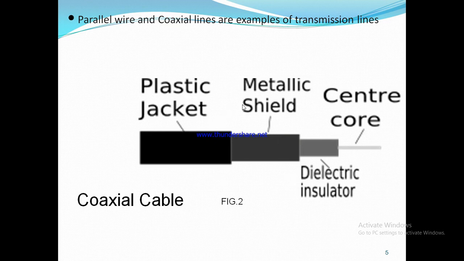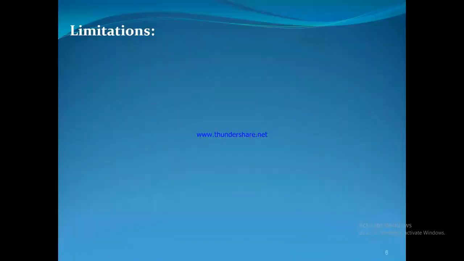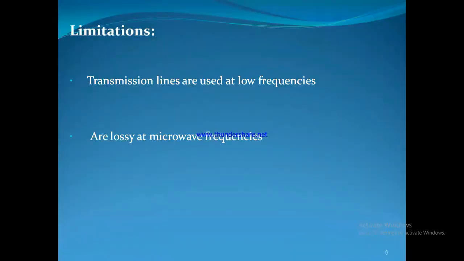One example of this type of transmission line is the parallel wire type, and coaxial lines are also examples of transmission lines.